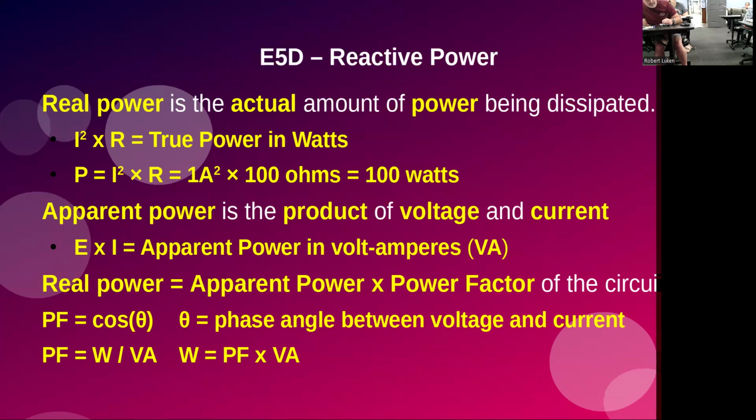If you have devices in your house, such as refrigerators, air conditioners, anything with a motor, it's going to have an inductive reactance in it. So that means you're going to have a phase angle and phase shift, and you're going to have an apparent power, which is the product of the voltage and the current.